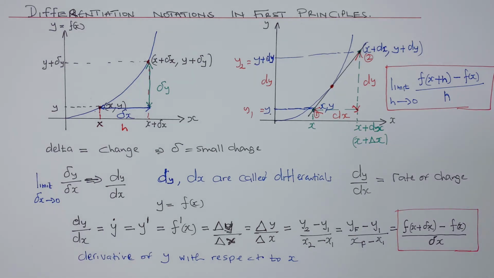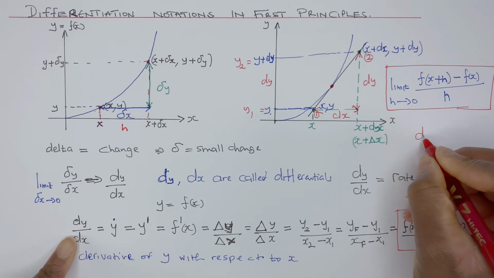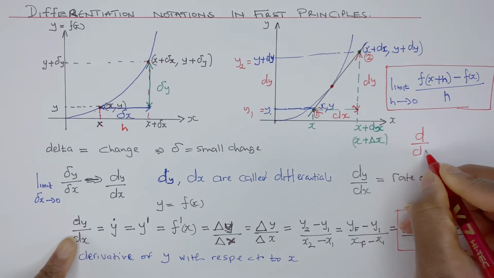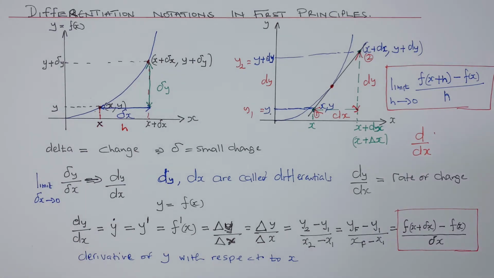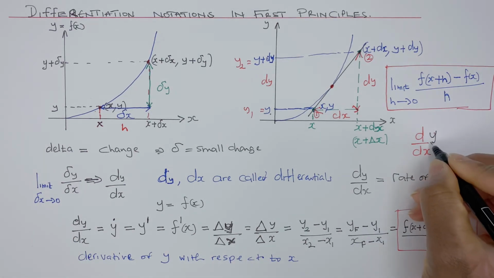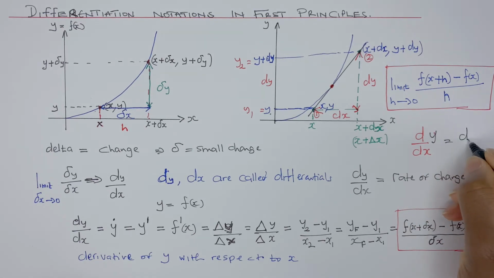But the important thing to remember is that the d over dx is operating on y. So you can actually write it as d over dx operating on y.